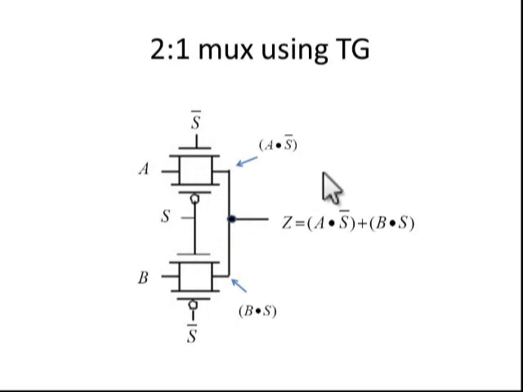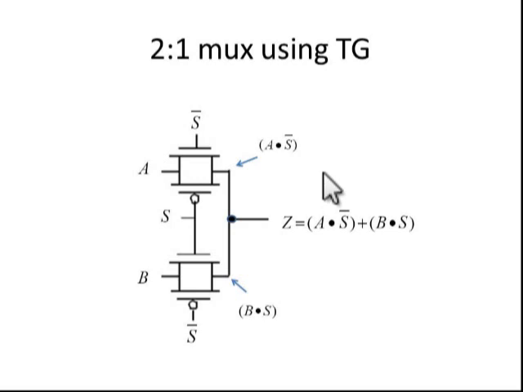There is another approach. First, we write the expression in terms of gates. Then each gate is replaced by the transistor circuit. If we replace gate by gate, we need a larger number of transistors. For example, for designing a MUX, I require 4 gates: 1 NOT gate, 2 AND gates, and 1 OR gate.